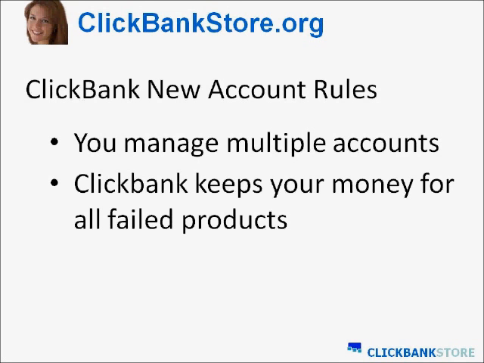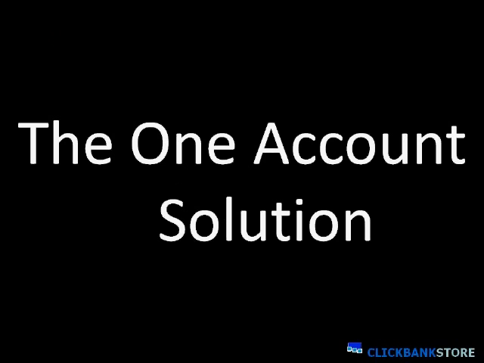Well, if you remember, ClickBank won't give you that money on a new account until you've made at least 6 sales, along with a MasterCard sale and at least 1 Visa sale. So what happens to that money? Well, it's simple. ClickBank keeps the money for the products that you've sold because you haven't met all of the conditions of the new account.